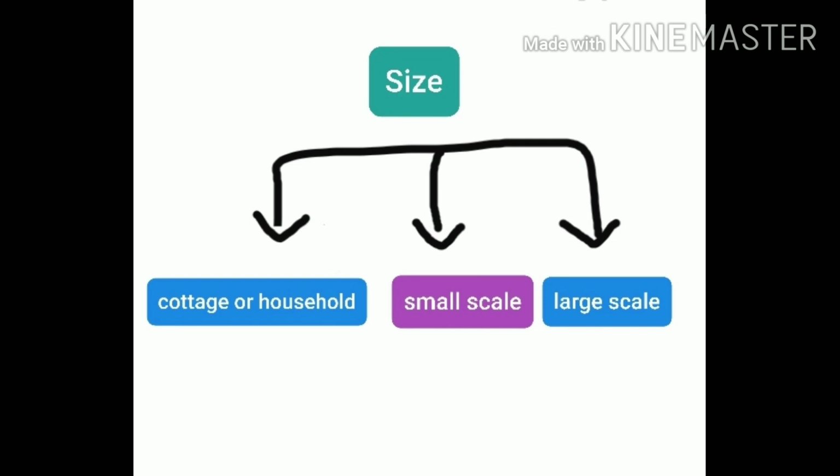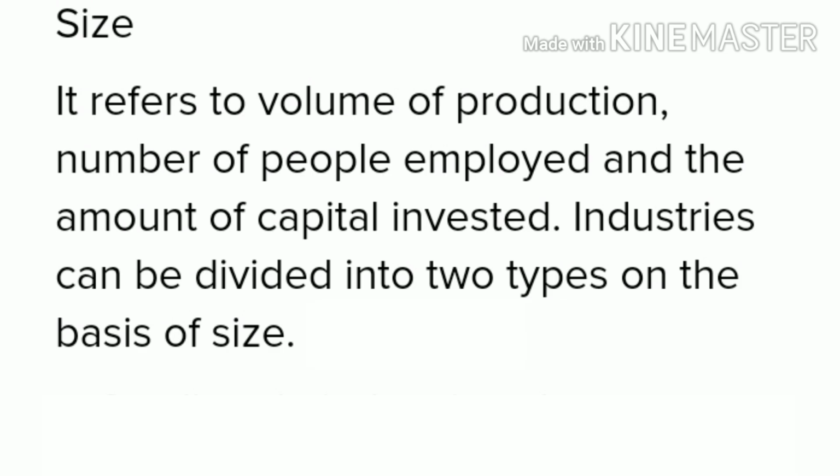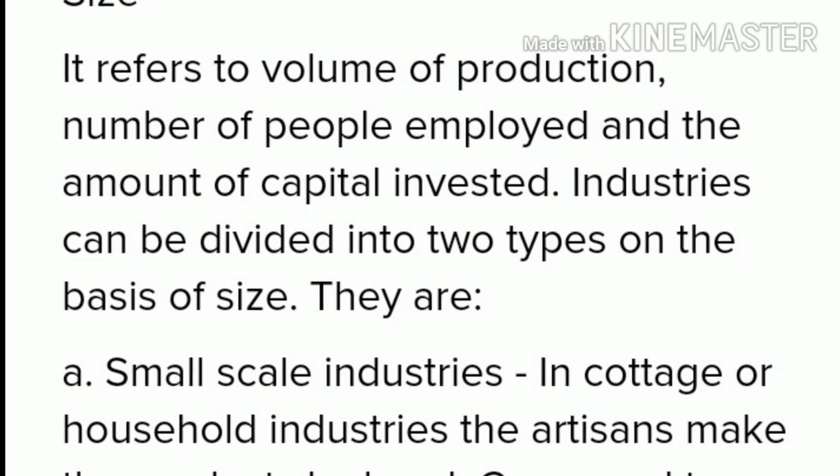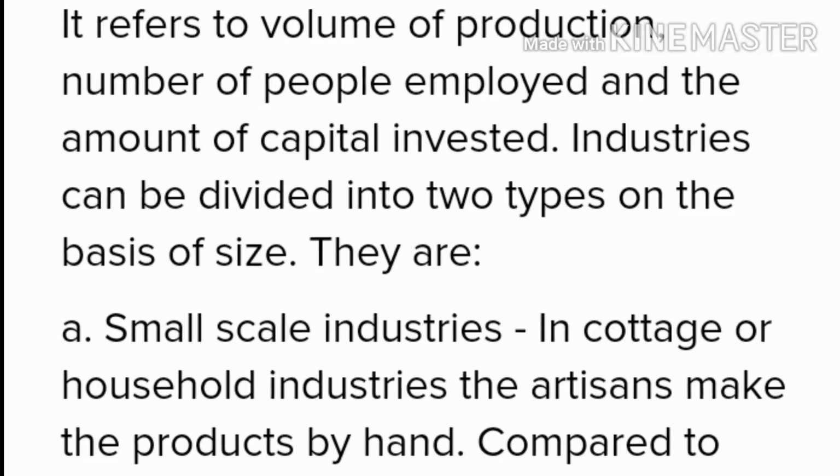In other words, it refers to the volume of production, the number of people employed, and the amount of capital invested. Thus, industries can be divided into two types on the basis of size. They are generally small-scale industries and large-scale industries.